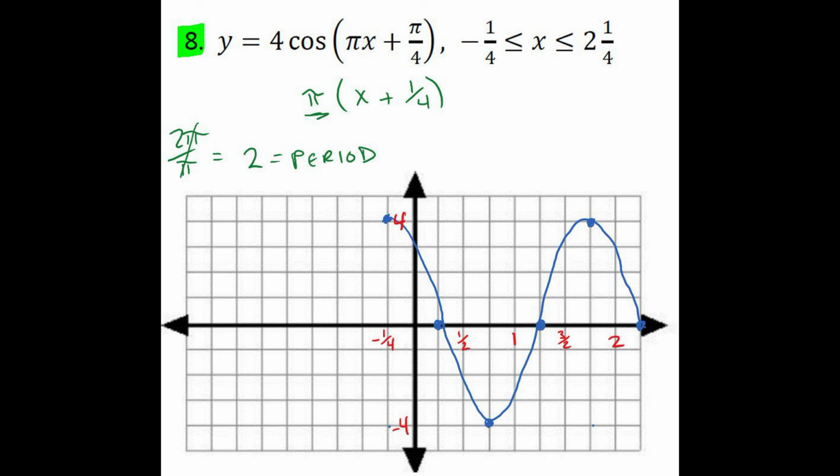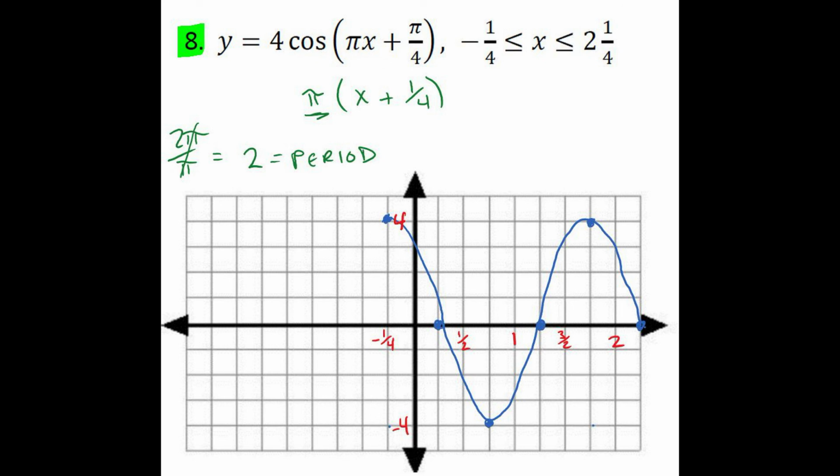So what we're going to get here is a graph. Typically, a cosine graph starts at 1, and so we're going to shift that all to the left 1/4 unit. So if we do that, instead of starting at 0, 1, so 1 on the y-axis, we shift that over to the left 1/4 unit. And so that's my starting point. And then I knew it was going to do a full wave within 2 units. So I kind of counted by quarters over to the right to get that other peak.